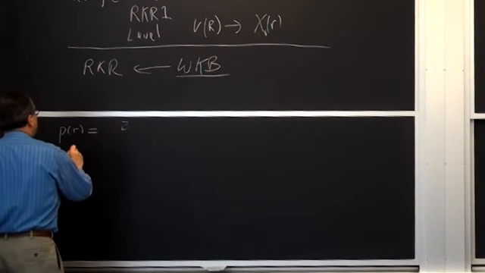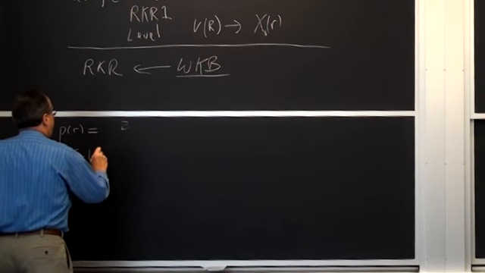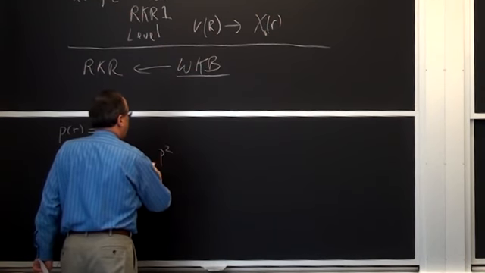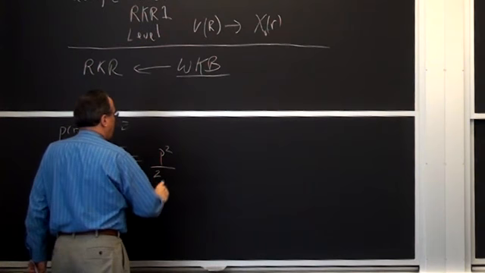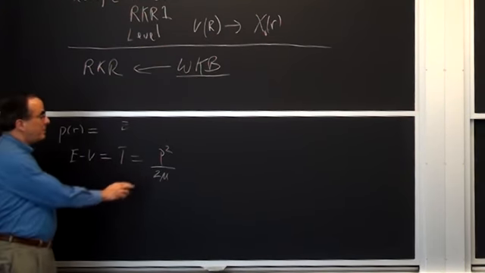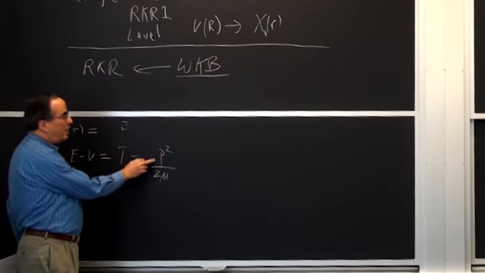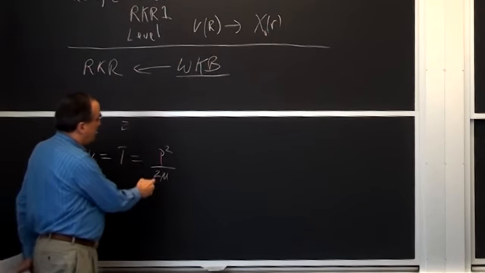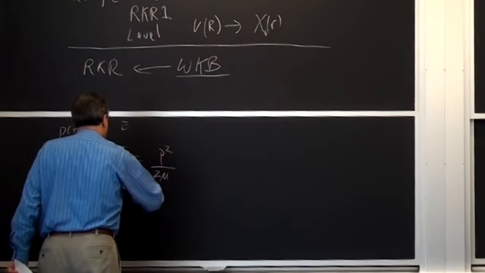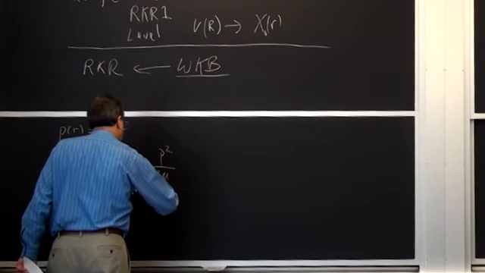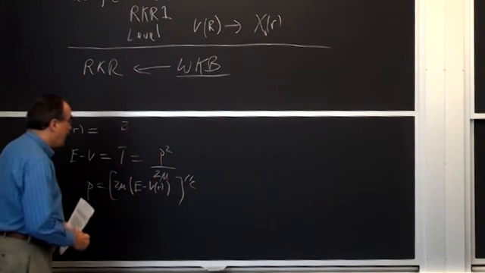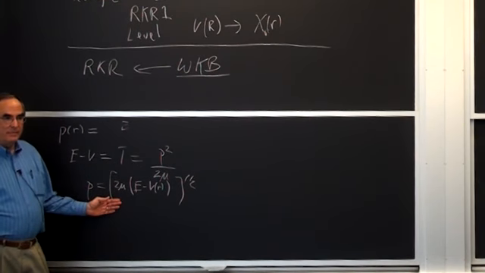The kinetic energy is p squared over 2 mu, right? This is the reduced mass, and so to get p, you have the square root of 2 mu times (E minus V of r). So that's the classical momentum function.